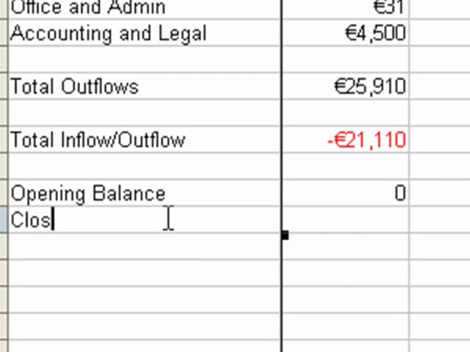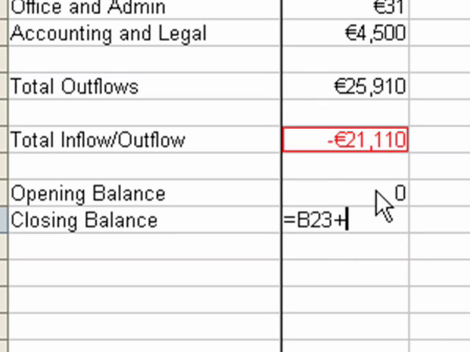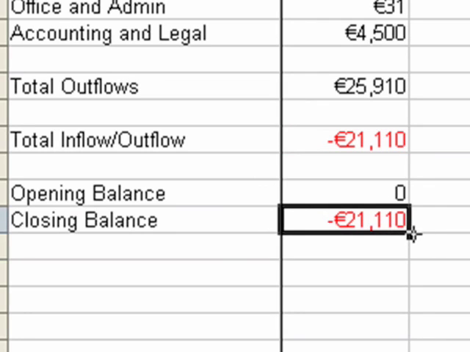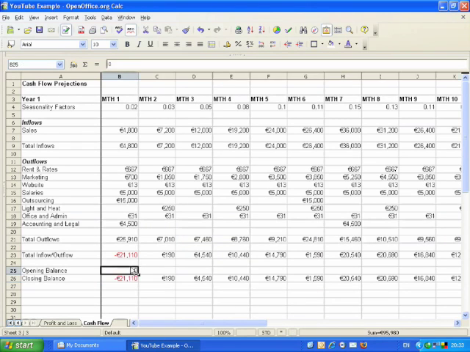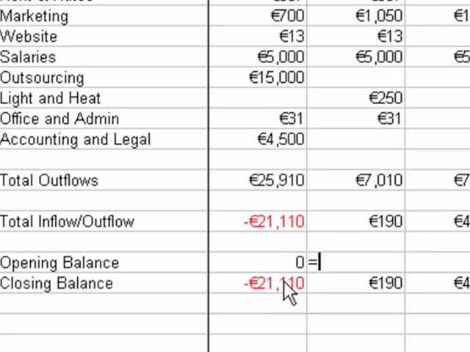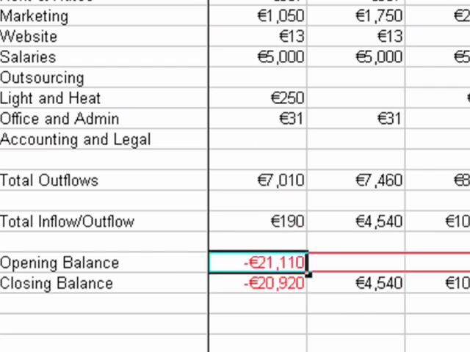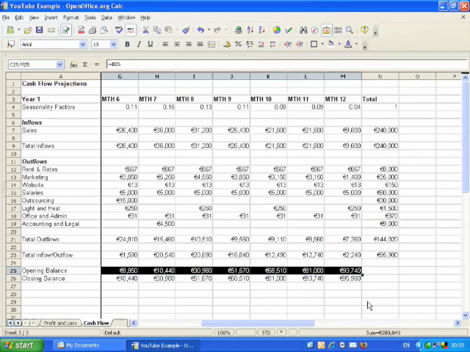Then we have our closing balance, which is our total inflow or outflow for a particular month, added to our opening balance, and that gives us our closing balance. Now the opening balance for the following month is the closing balance of the previous month. So we'll just set it up like that. Opening balance for month 2 is the closing balance for month 1, and so on.